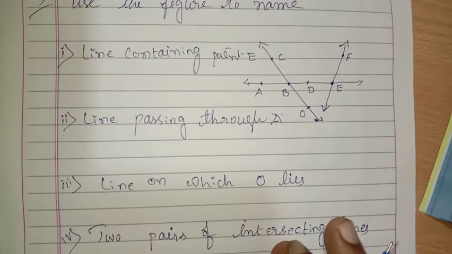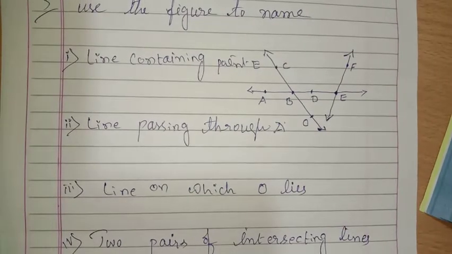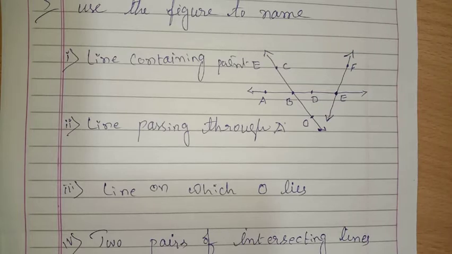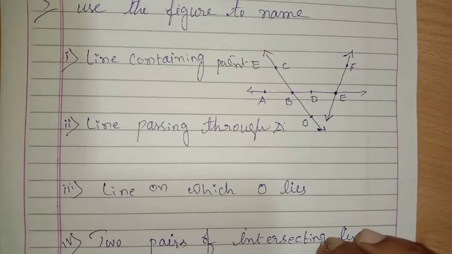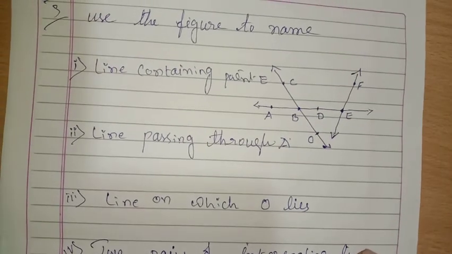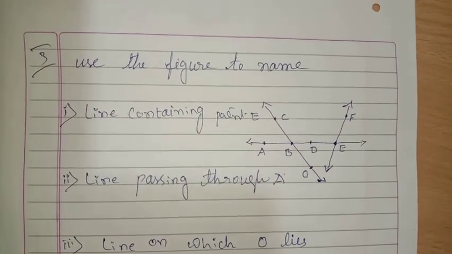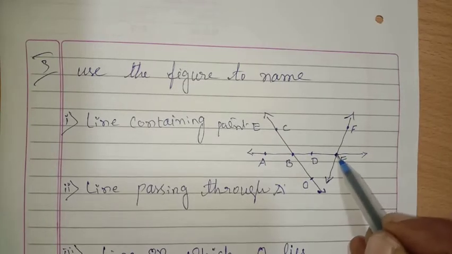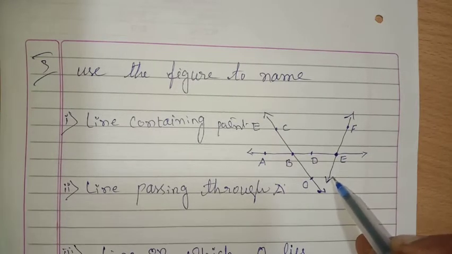So now write the answer. The main question, third, so in point A, line containing point E. Line containing point E.